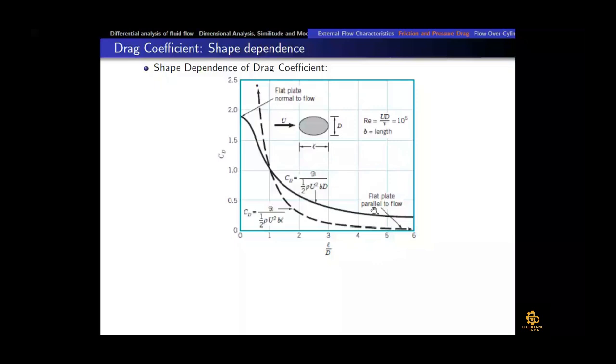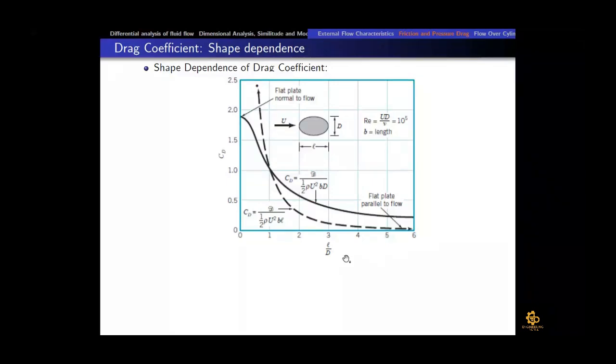You can easily see that we have got L upon D. When L upon D is a very small value, it means that we are talking about a plate which is placed perpendicular to the flow. But when the L upon D value is very large, it means that the length of the plate is more compared to the height of that plate, which means we are talking about a flat plate parallel to the flow, right?